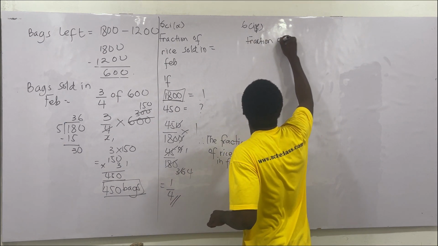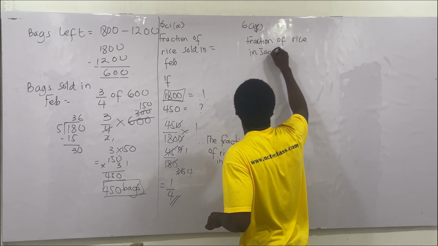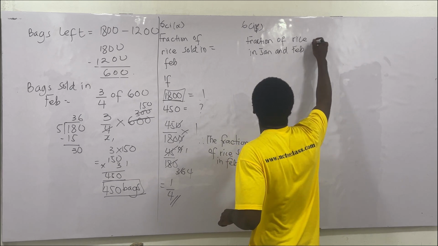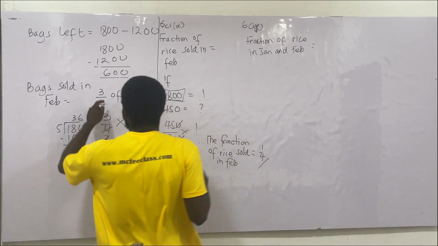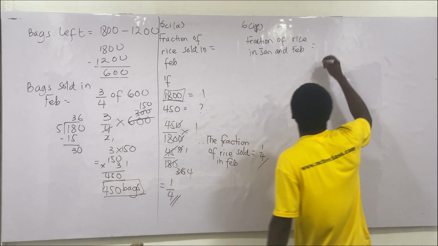Of course, we have to add both the amount sold in January and the amount sold in February. So let's add that.